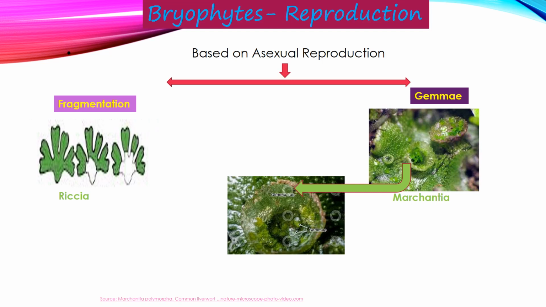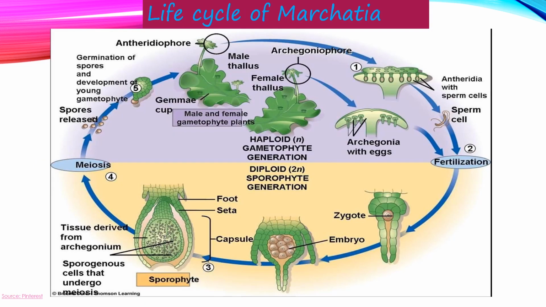First, the gemma detaches from the thallus and reaches the soil. Each gemma in the gemma cups germinates into a new thallus. The gemma present in the male thallus produces a male plant and the gemma present in the female thallus produces a female plant. Now let's learn about the sexual reproduction and life cycle of liverwort.